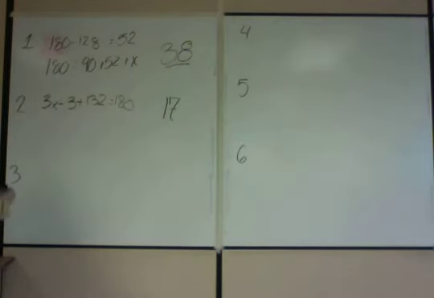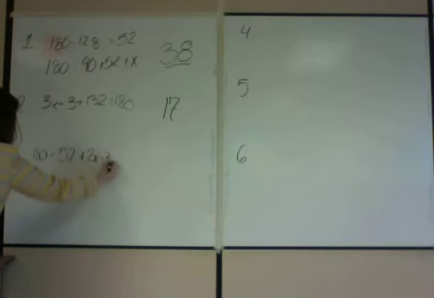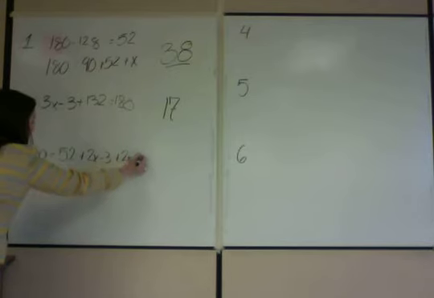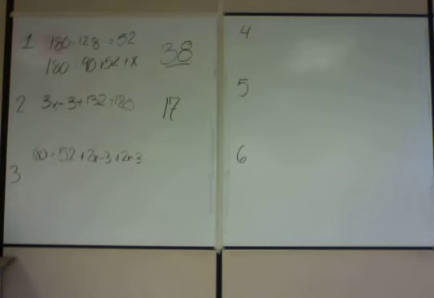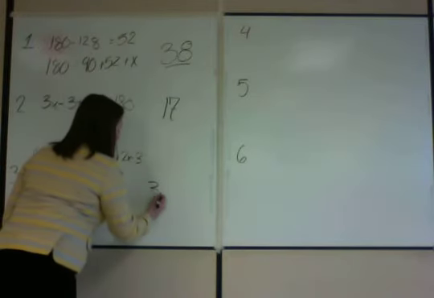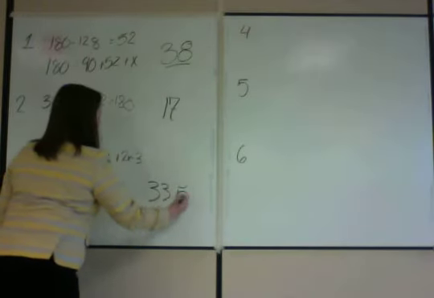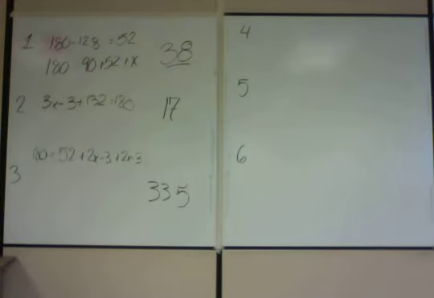So I have 180 equaling 52 plus 2x minus 3 plus 2x minus 3. And then when you solve for x, you get 33.5.